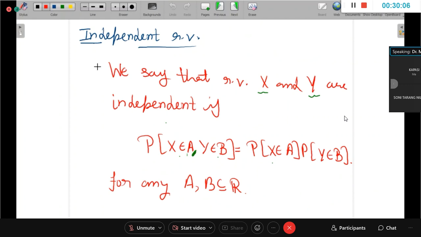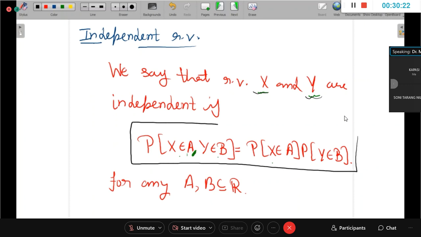So you have the following definition, and it is easy to follow. We say that the random variables X and Y, the two random variables you have taken, are independent if you have the following result.